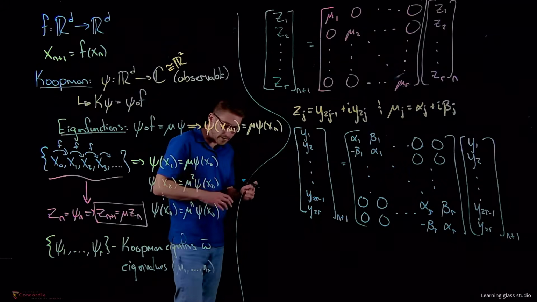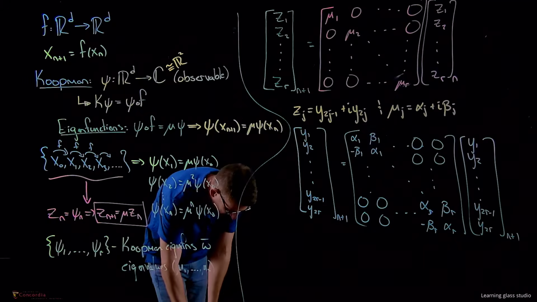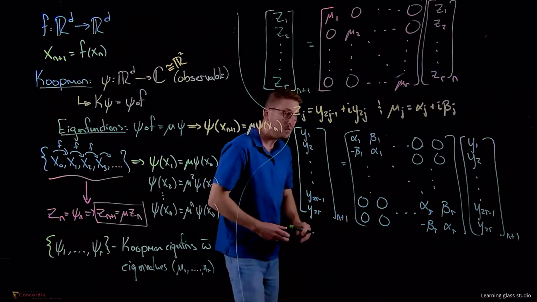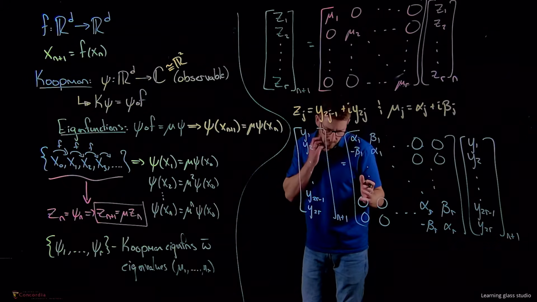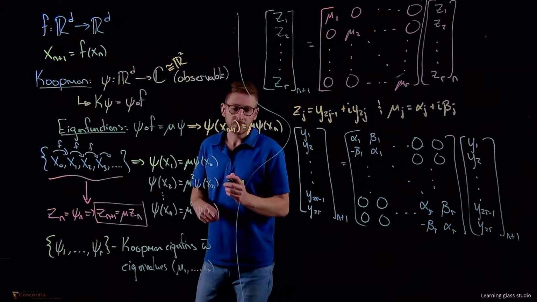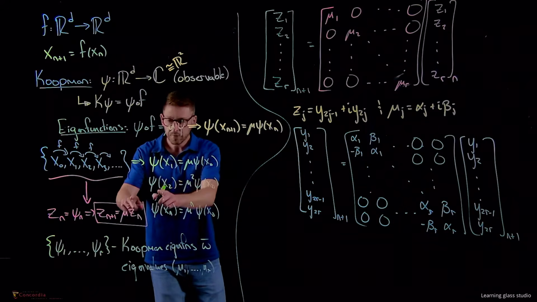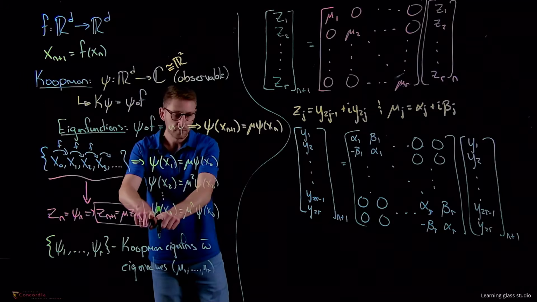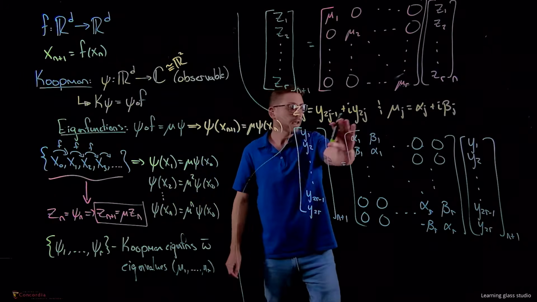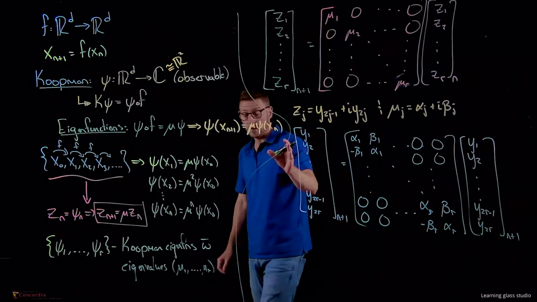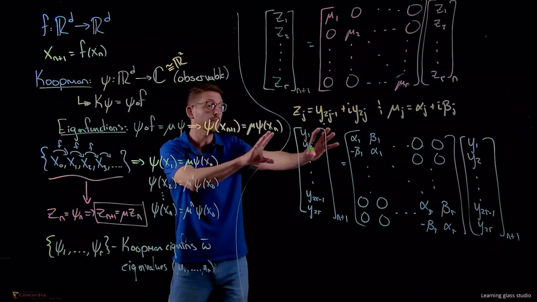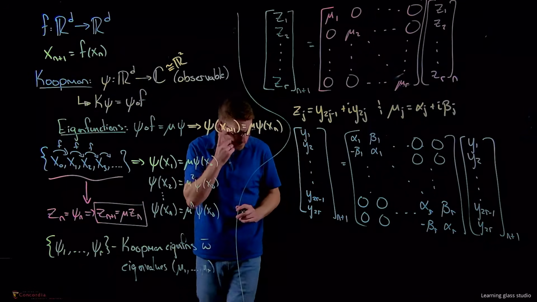So why is this important? What was the point of you going through all of this, Jason? Well, take a look at this. If I can find these functions, I have a conjugacy, or at least I have a transformation to a linear system.